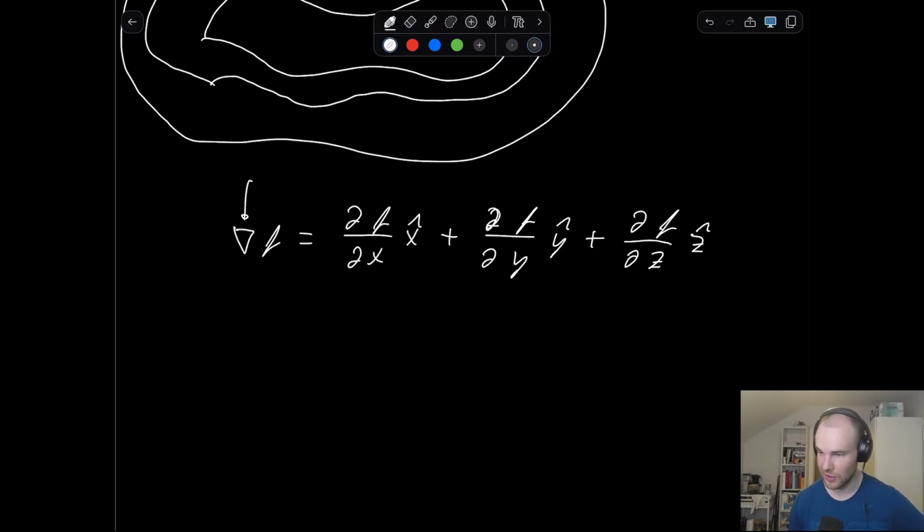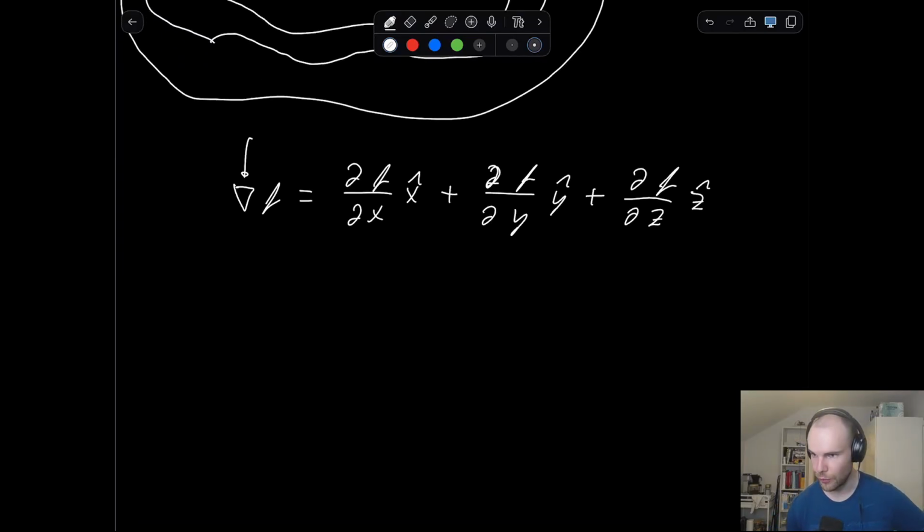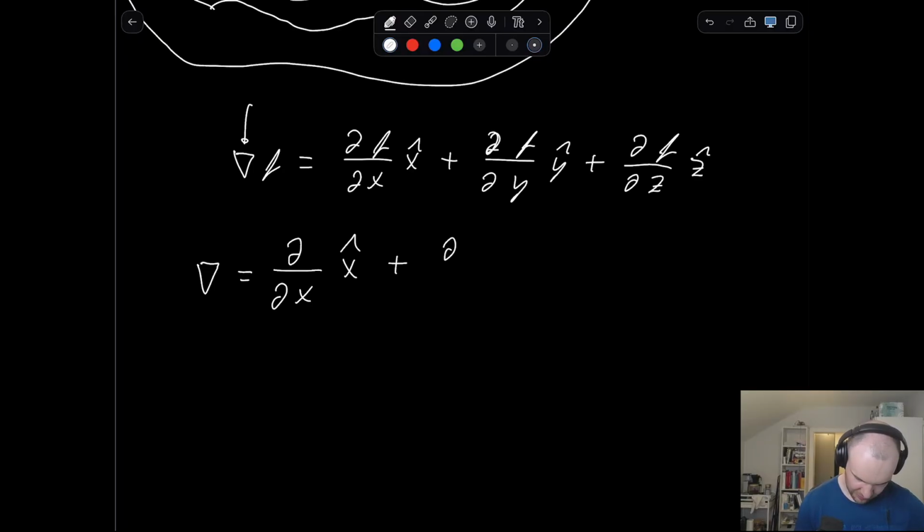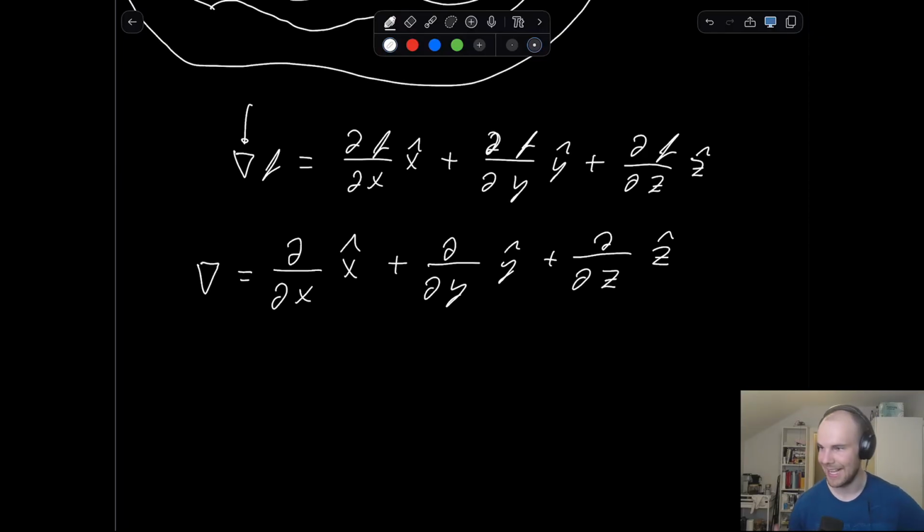That's why this is a vector. And as you see here, we can of course move f outside, and we can just write this operator. This is called nabla, or the del operator, which is just partial in terms of x in the x hat direction, partial in terms of y in the y hat direction, and then partial in terms of z in the z hat direction, just like that.